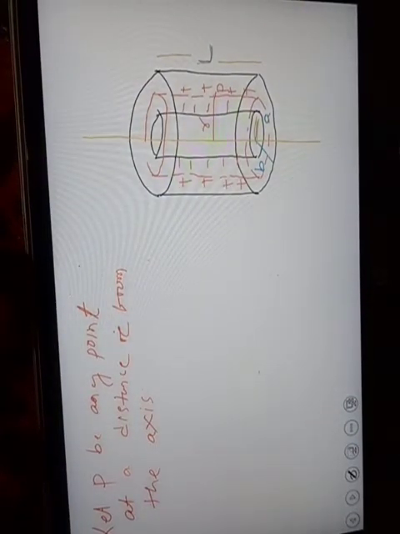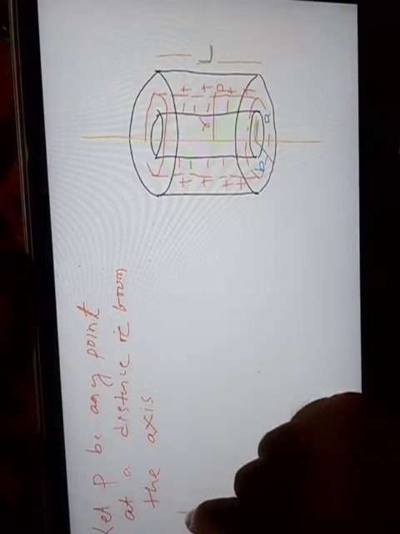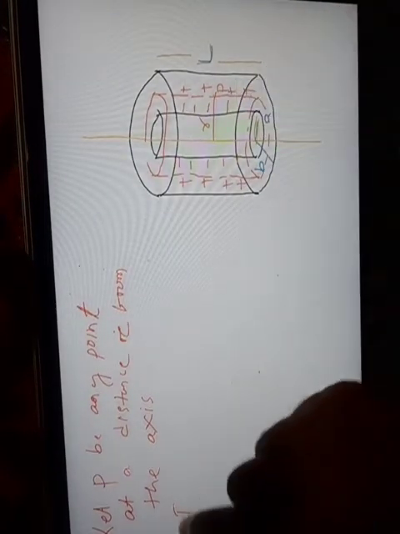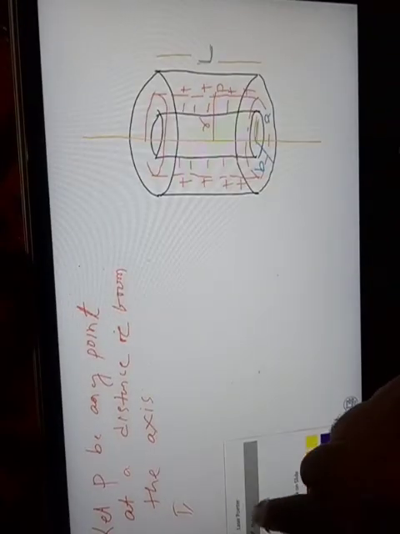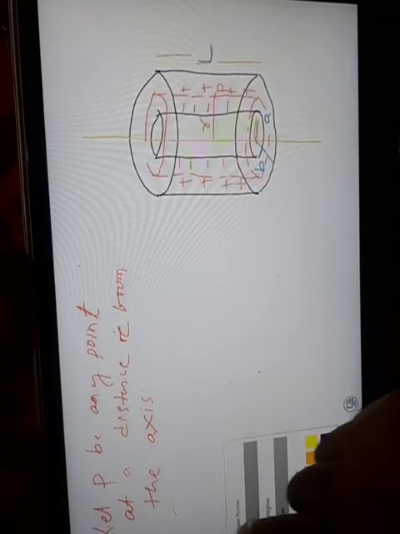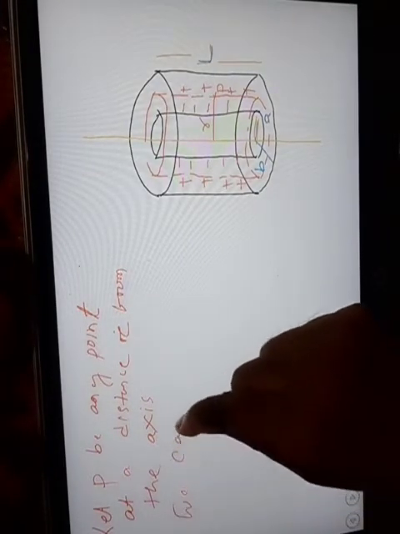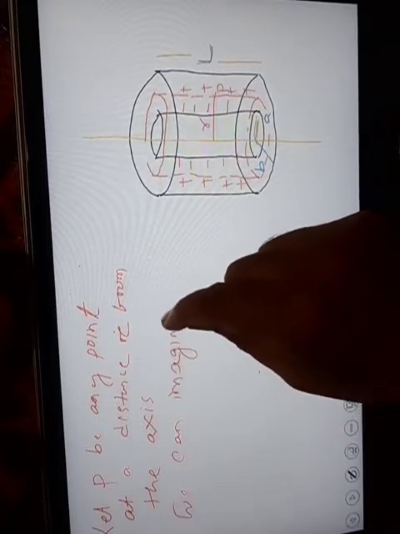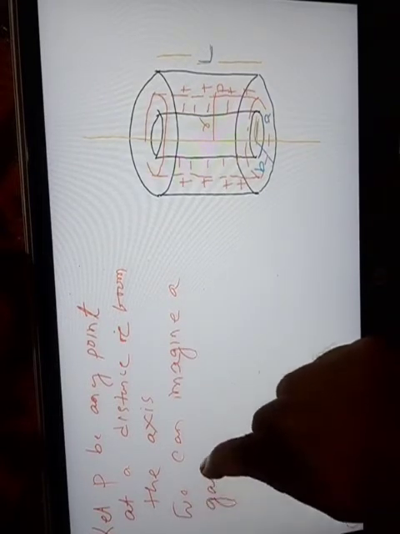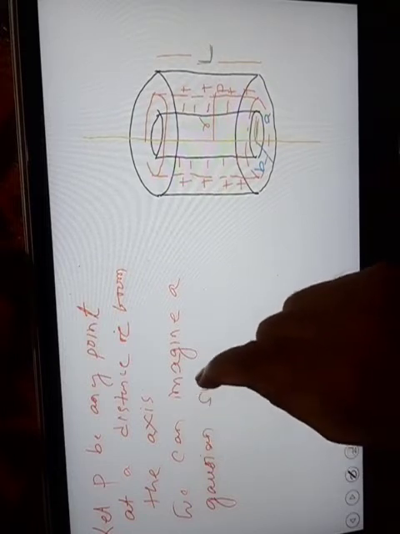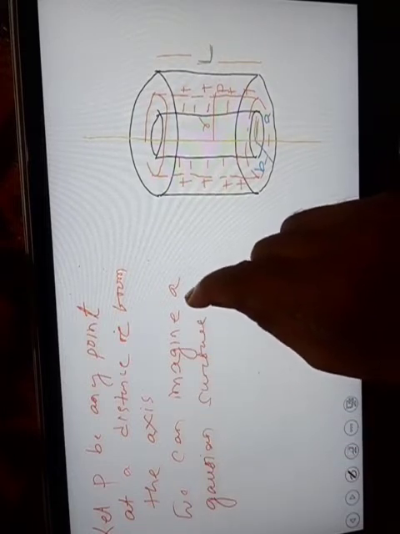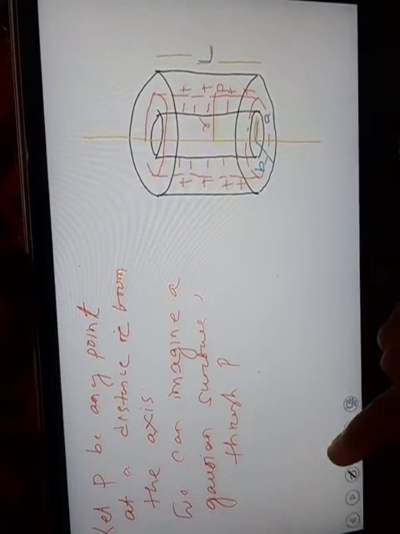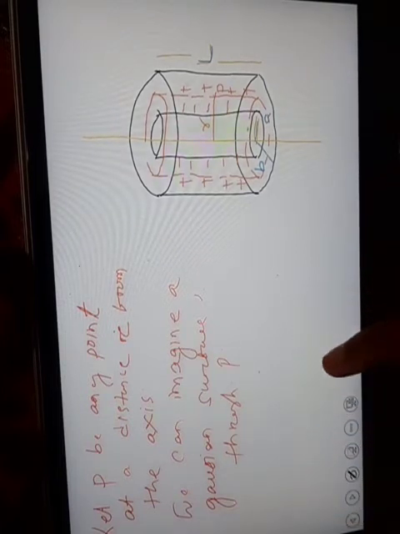So what is the electric flux at the point P?